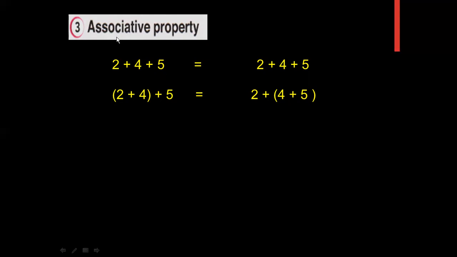Associative property means if you take any two numbers together, the result doesn't change, okay? 2 plus 4 equals 6, plus 5. In here, I will drop down 2, and 4 plus 5 will be equal to 9. In here, 6 plus 5 equals 11 and 2 plus 9 also equals 11.